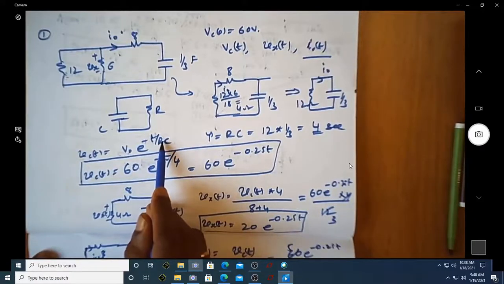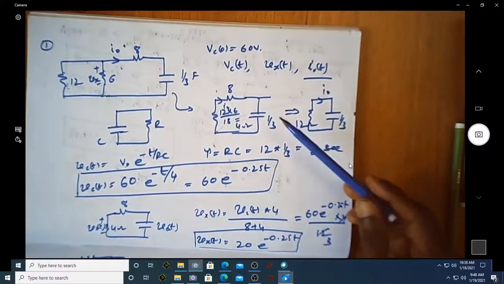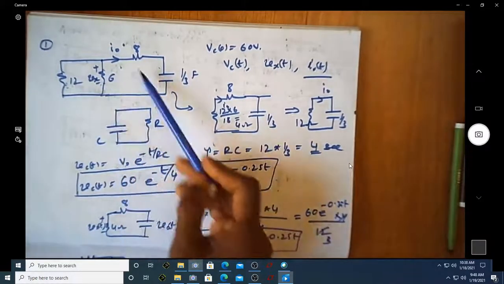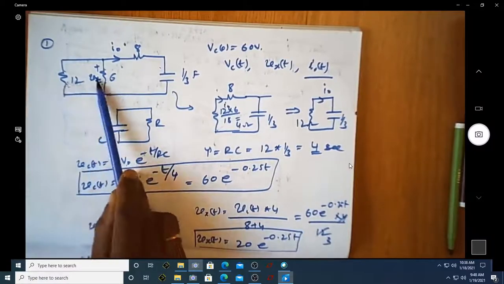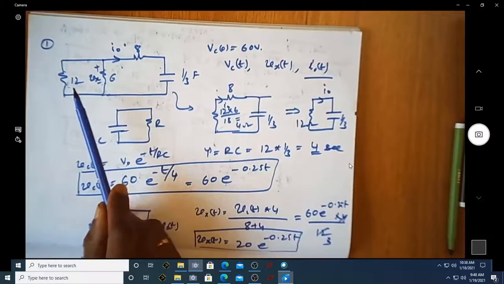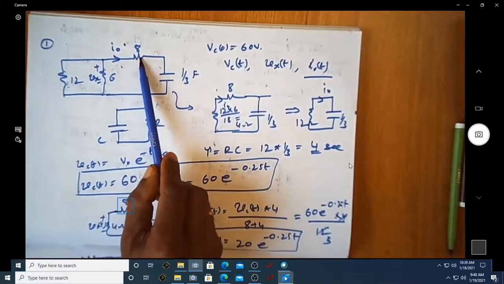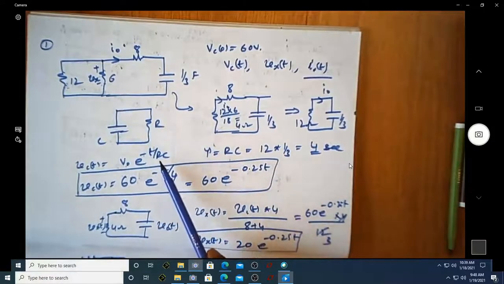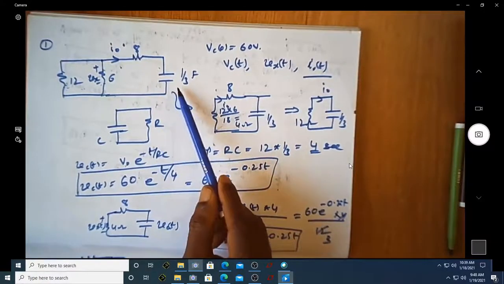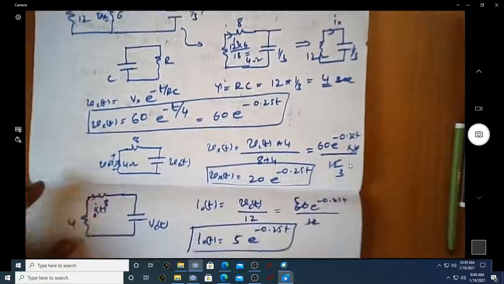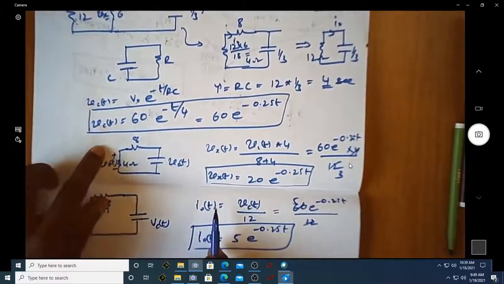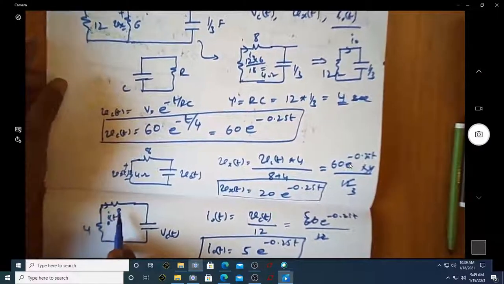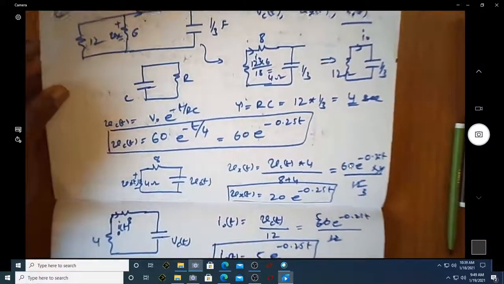To find out the value of R, we found out the equivalent resistance, which was coming out to be 12 ohm, of the entire network, which is the parallel combination of these 6 and 12 ohm resistors, that is 4 ohm, that is coming in series with this 8 ohm, which has become 12 ohm, and that 12 will be the value of R, and of course we have been given the value of C. So we end up with the expression for voltage across capacitor, voltage across this 6 ohm resistor, and the current through this entire 8 ohm resistor, which happens to be the overall current in the circuit.